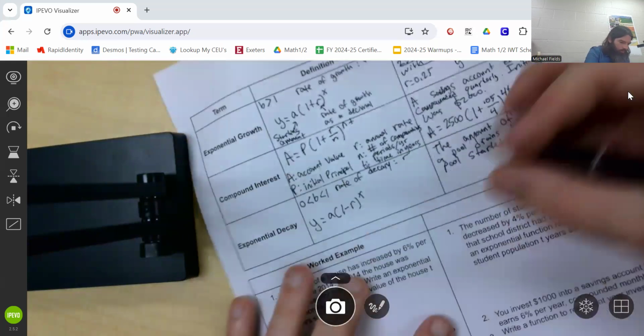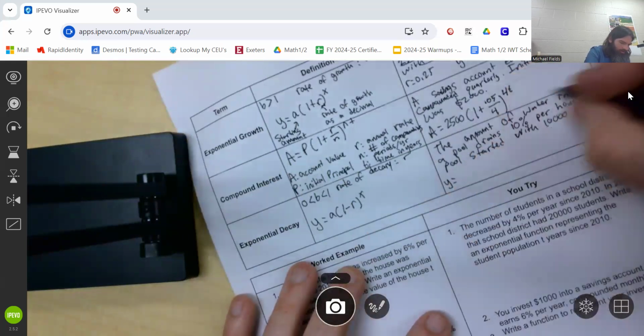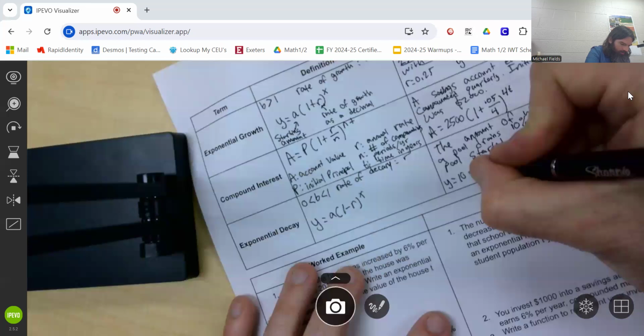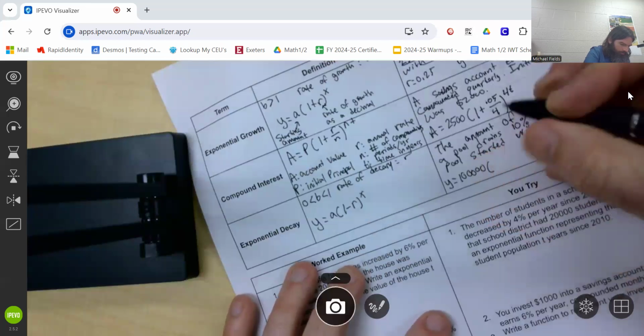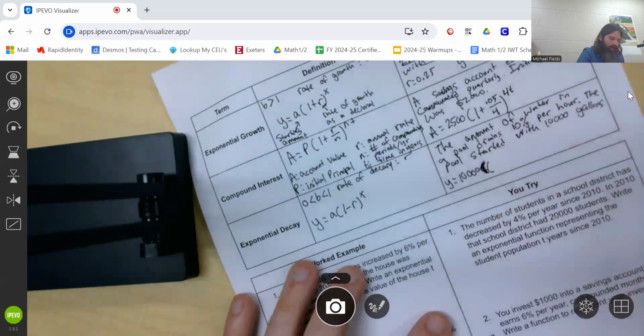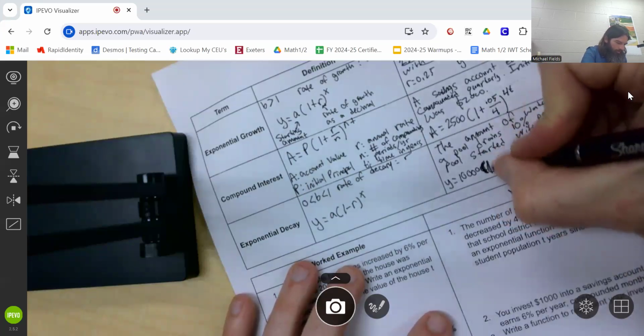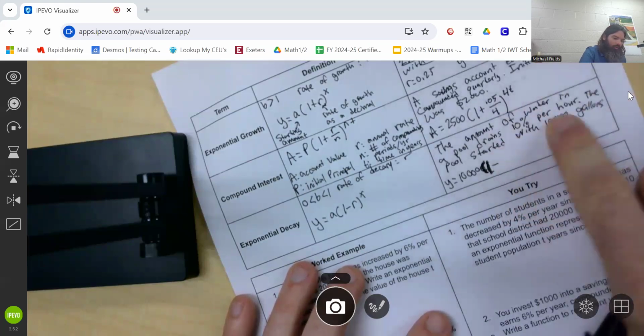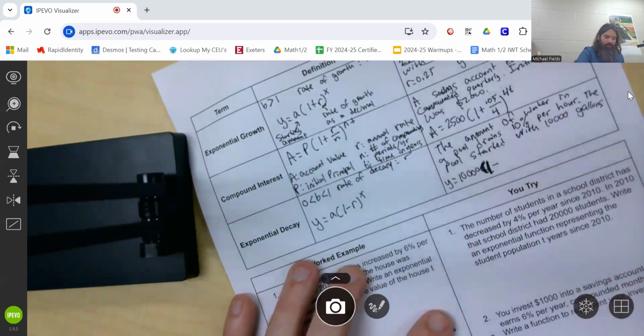All right, so y is going to equal our initial amount, which was 10,000. Oh no, I did 100,000. 10,000 times 1 minus our rate of decay. Draining, it's going down.